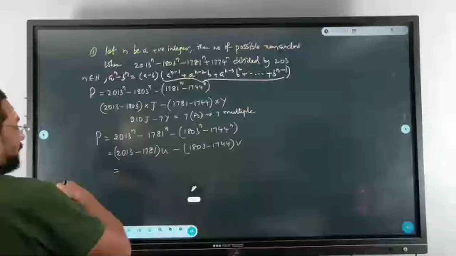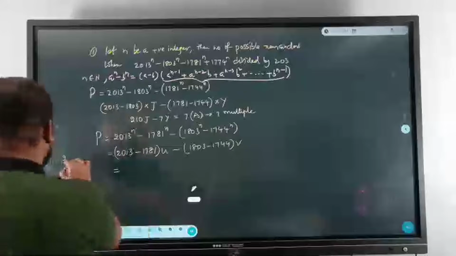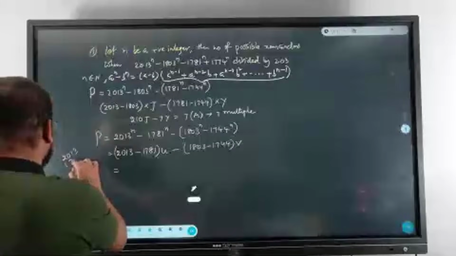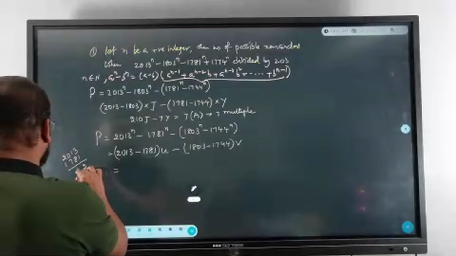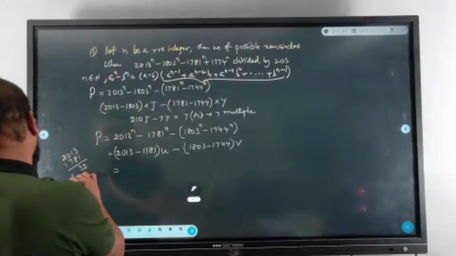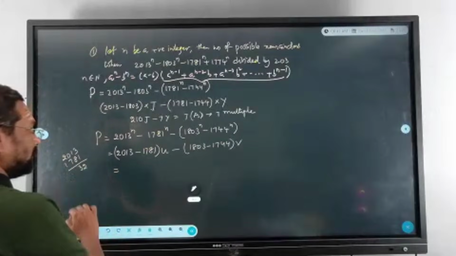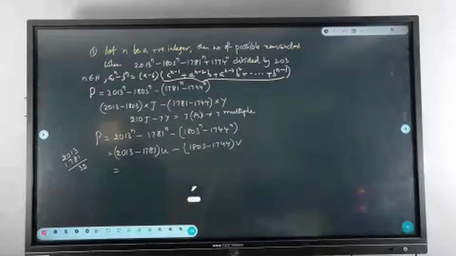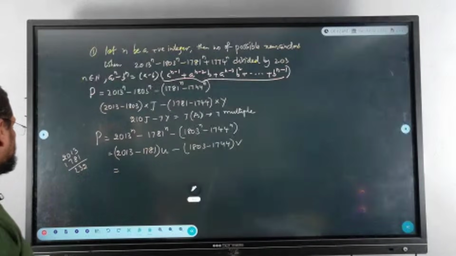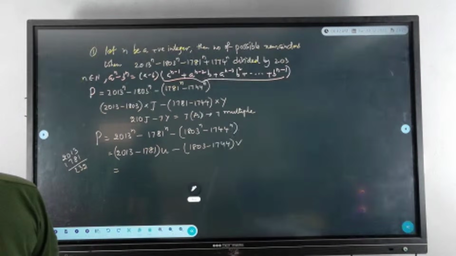So what is the difference? 2013 minus 1781 is 232. Sure, 232.